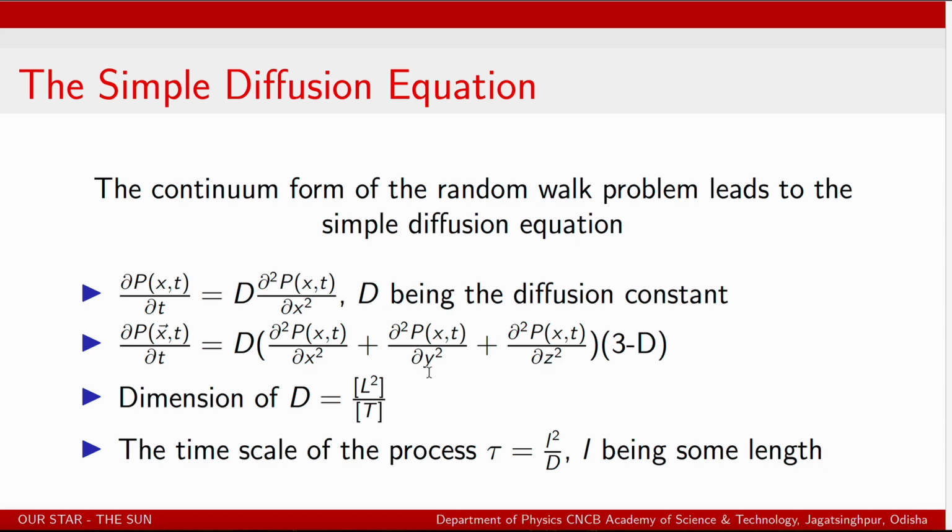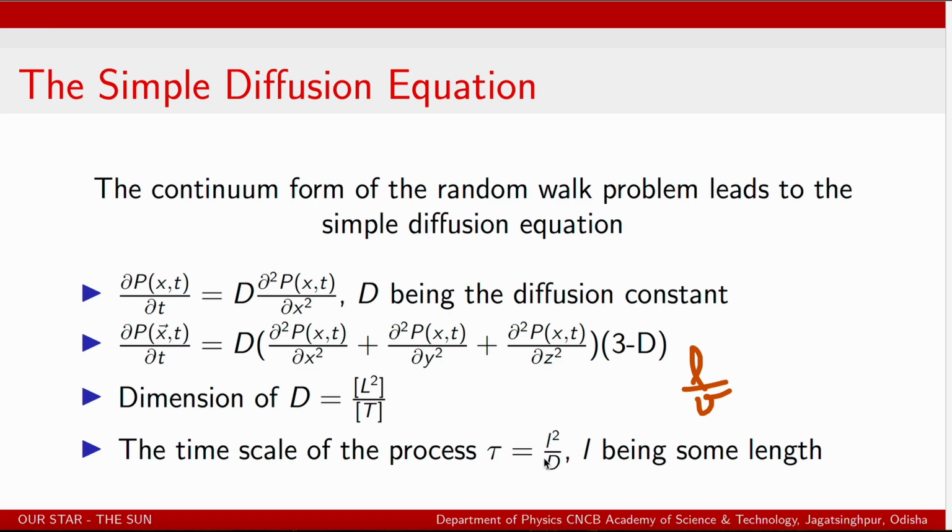But if you consider directed motion, like a motion that is happening with a definite velocity v, then the time taken to travel a distance L is L by v. So here the time scales as L, whereas here the time scales as L square. That's what makes the process of diffusion very slow.